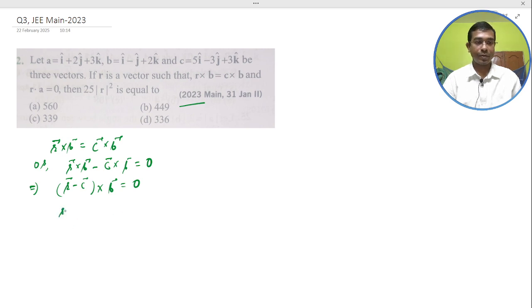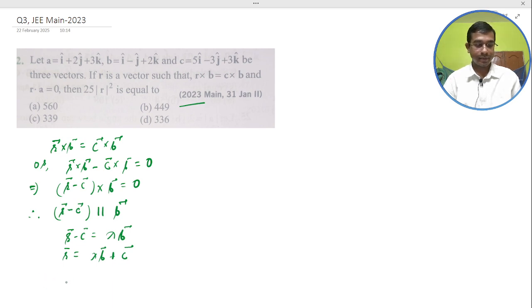or (R minus C) cross B equals 0 means R minus C is parallel to B. Therefore, R minus C equals some constant lambda into B. So R equals what? Lambda B plus C. Put this value here.